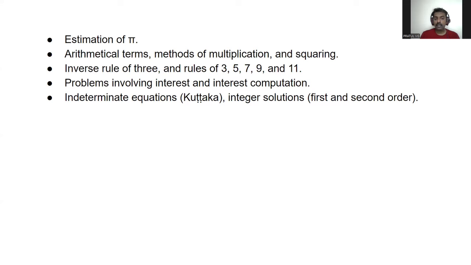He also worked on the estimation of pi, arithmetical terms, methods of multiplication, squaring, problems involving simple interest, compound interest, the rules of 3, 5, 7, 9, and 11 divisibility rules, indeterminate equations, and integer solutions of first and second order.